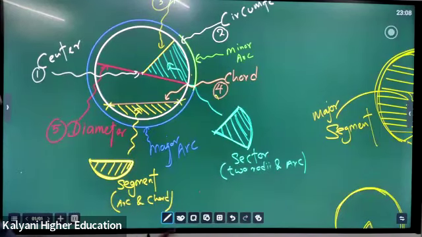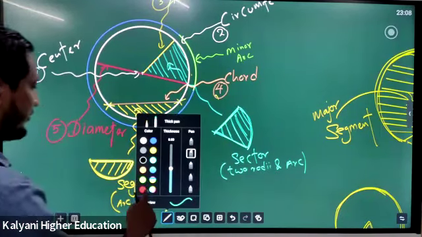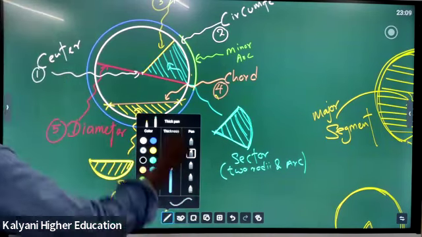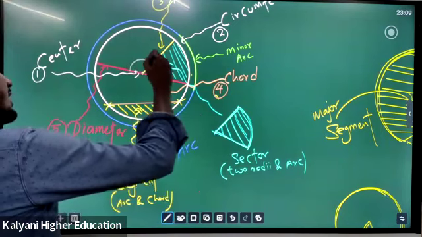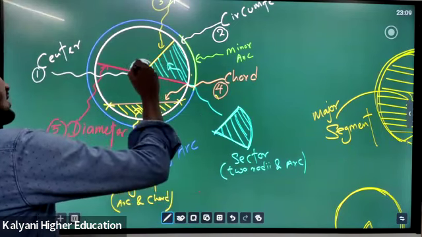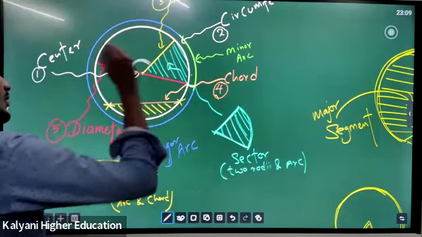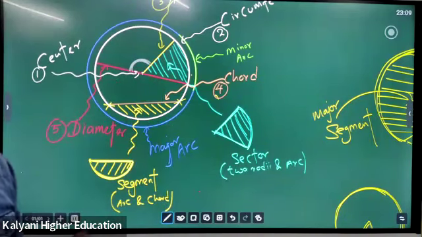Then the other one is what? If I have this one, I'll use this color. Here the angle we have is in the center, between the two radii.